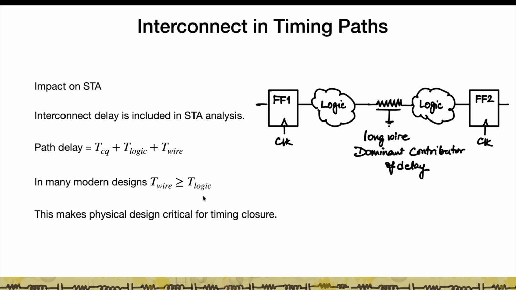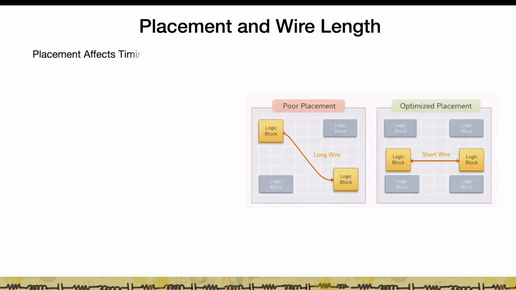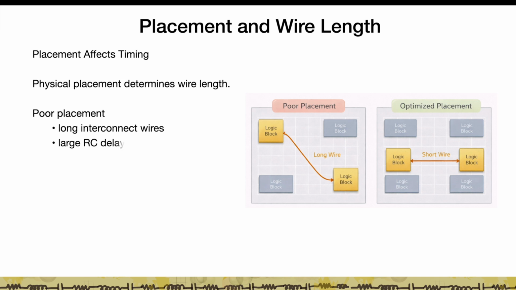This is why the synthesis to sign-off flow isn't a one-way pipeline. Timing is iterative, cycling between logic optimization and physical refinement until the whole design converges. So, the most powerful lever for controlling interconnect delay is also the most upstream: placement.